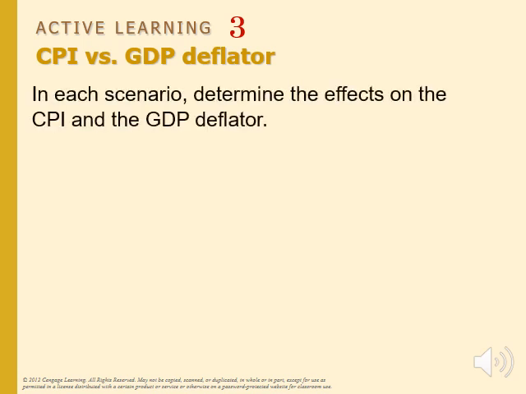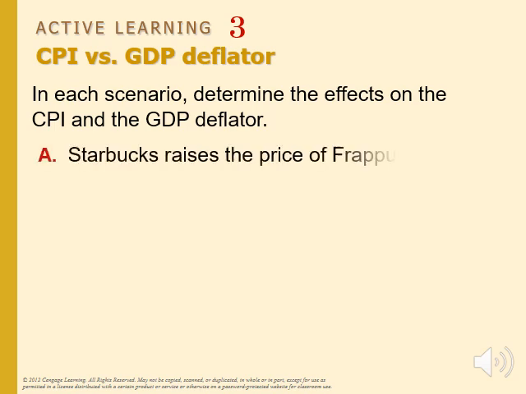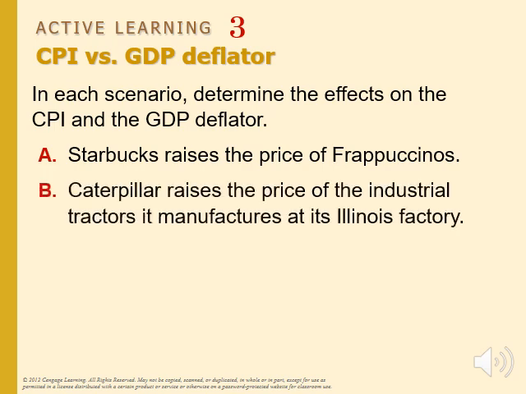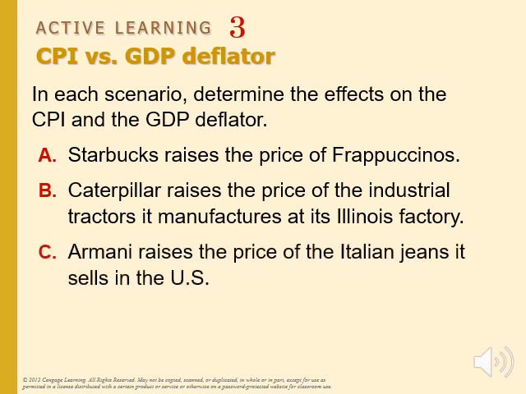Scenario A, Starbucks raises the price of frappuccinos. Scenario B, Caterpillar raises the price of the industrial tractors it manufactures in its Illinois factory. Scenario C, Armani raises the price of Italian jeans it sells to the United States.